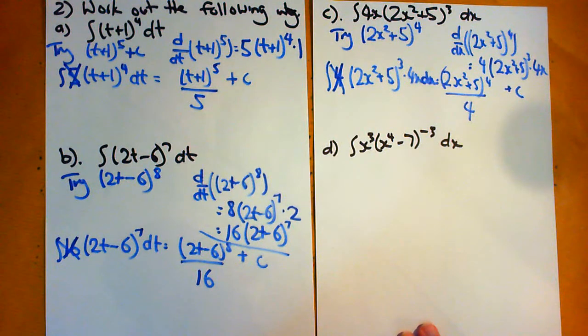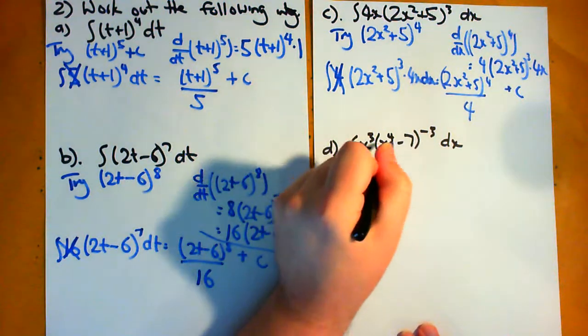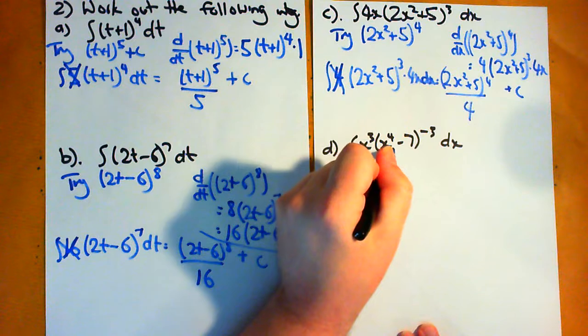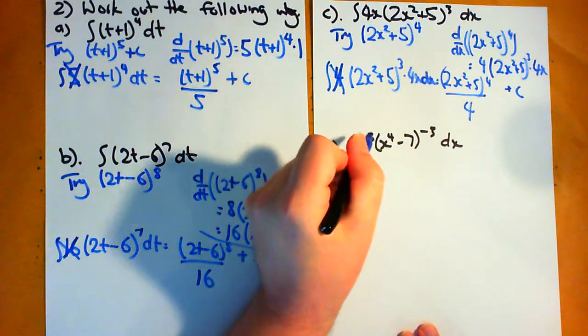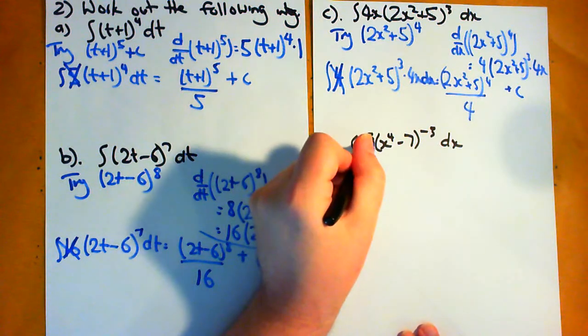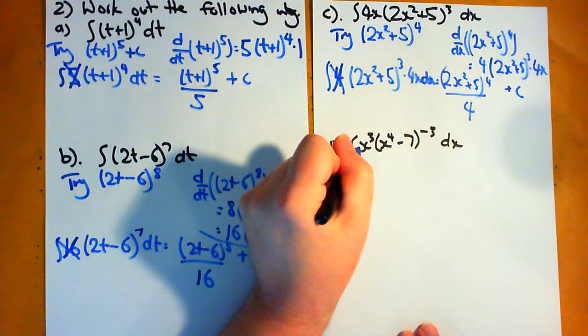Okay, question D, we have the integral of x³ times the bracket (x⁴ − 7) all to the power of negative 3. We notice that if we differentiate this bracket, the x⁴, that is going to give us 4x³, but it's only missing the number.